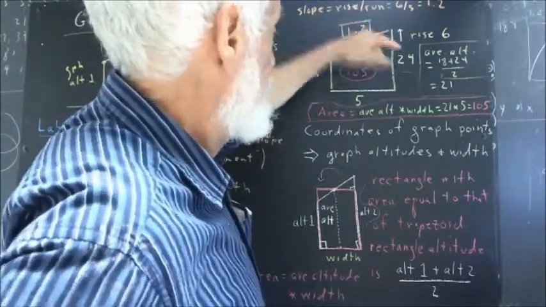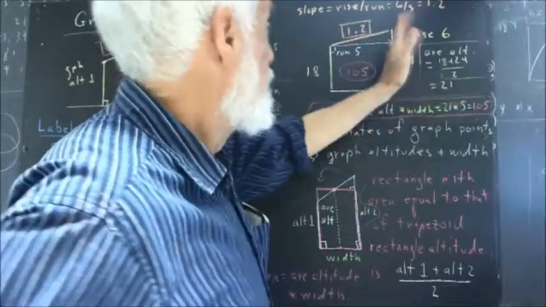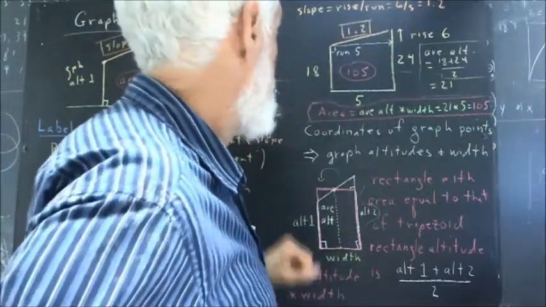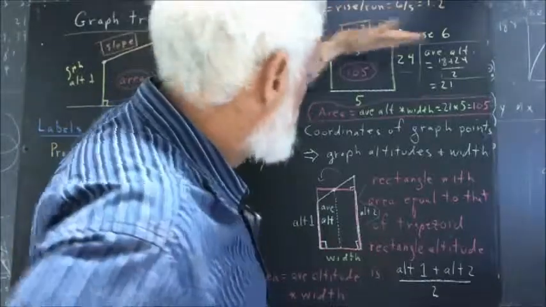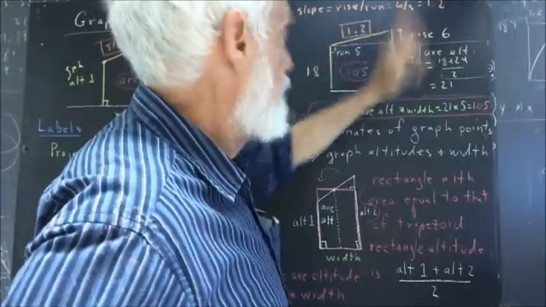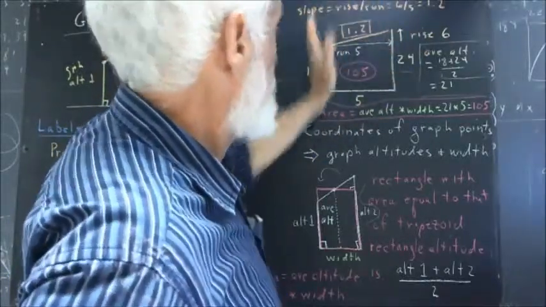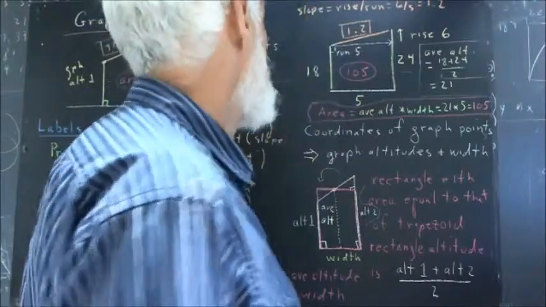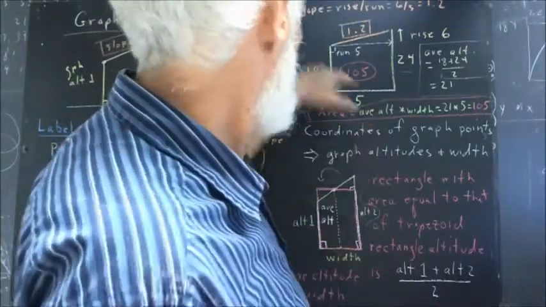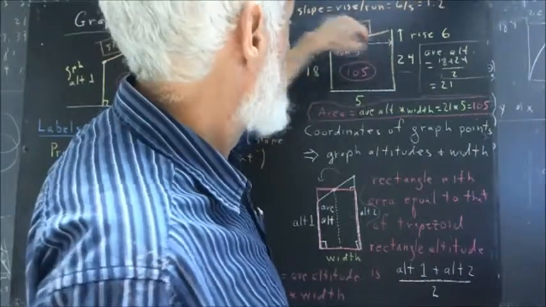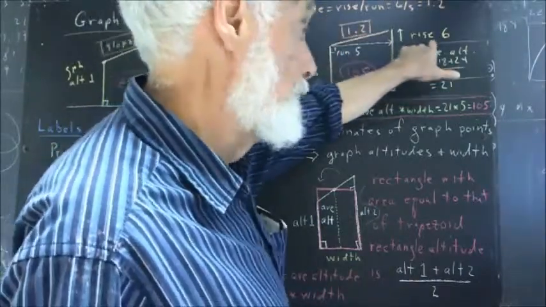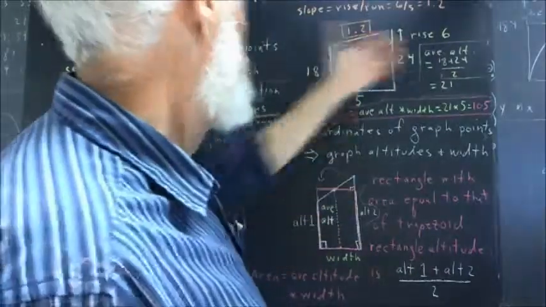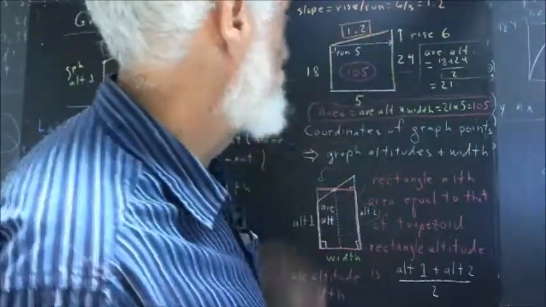The run being parallel to our axis, the rise being perpendicular to our axis, and the run going from this point to this point, parallel, and then the rise again from this point to this point, but in the direction perpendicular to the axis. So we have a run of 5, a rise from 18 to 24, which is 6. We don't need formulas to calculate those if we've got these numbers.